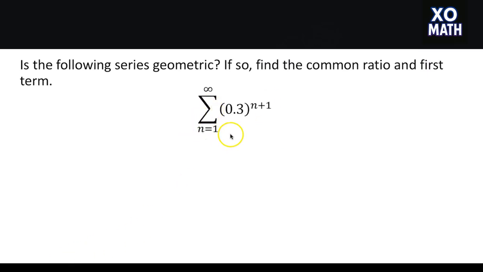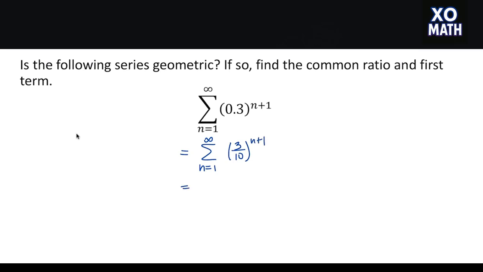Here we have the sum of n equals 1 to infinity of 0.3 to the n plus 1. So here, what I can do is, decimals are fine, but if I prefer fractions, I can rewrite 0.3 as 3/10. So I have 3/10 to the n plus 1.